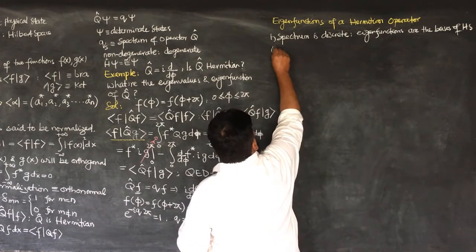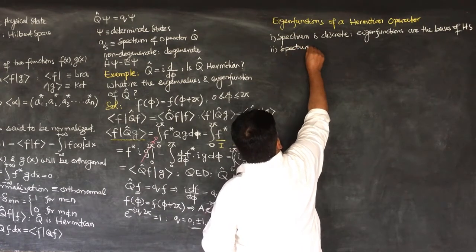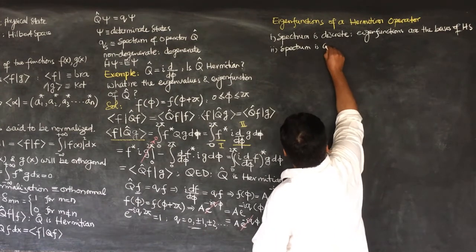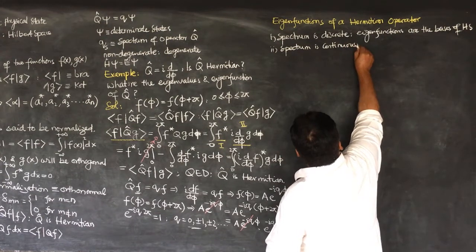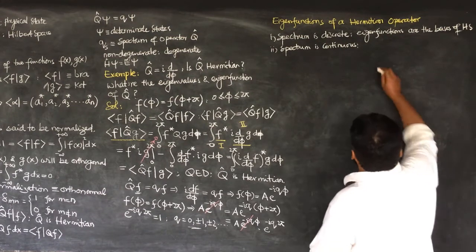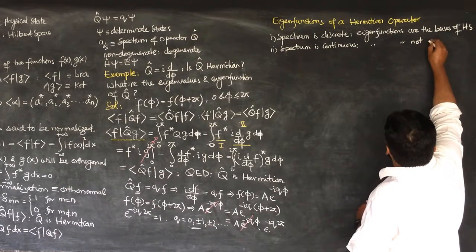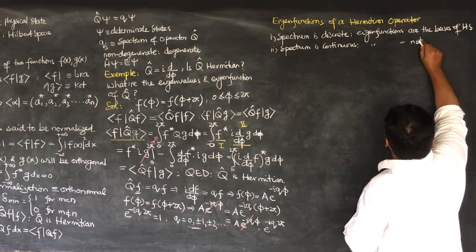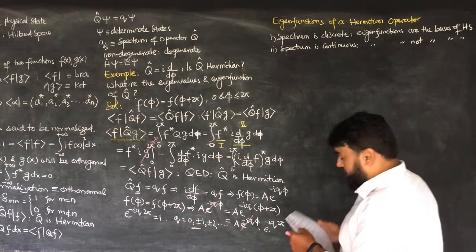And when the spectrum is not discrete, or we say continuous, as we got for a free particle, then the eigenfunctions are not the bases of Hilbert space.